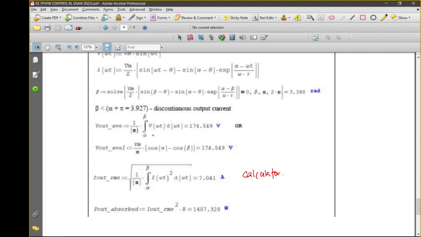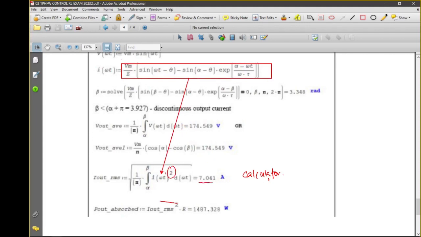But you have to be careful, and you need to practice, try a lot, because by using a calculator you need to put all this equation inside, and then you have to square, do it carefully, and finally you get 7.041 ampere.